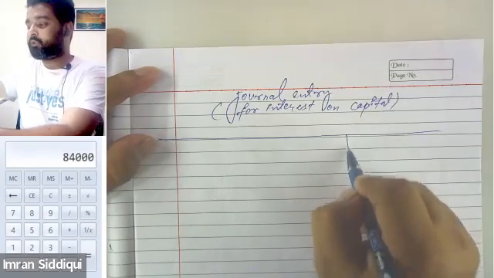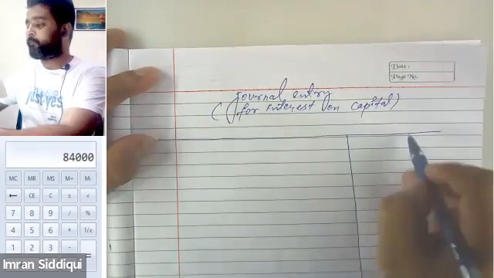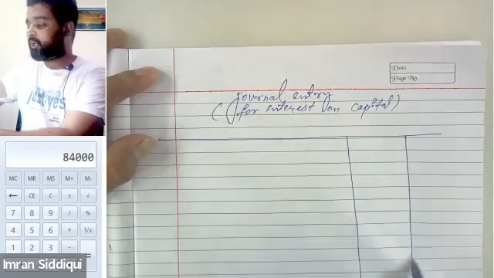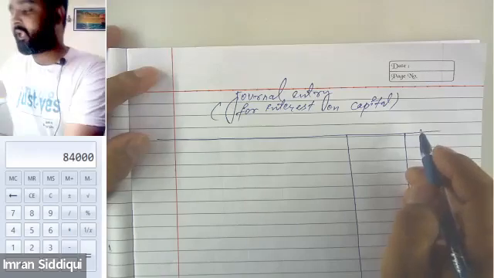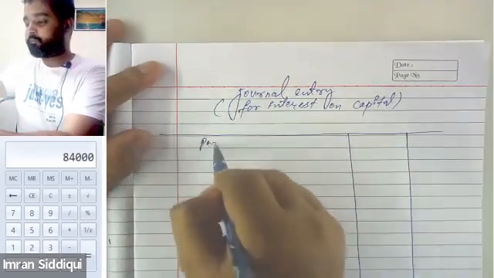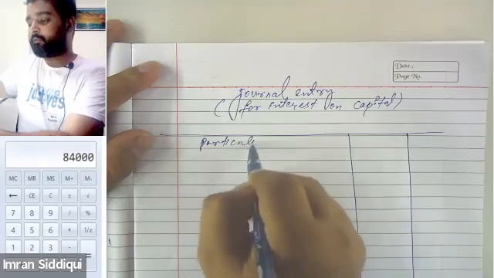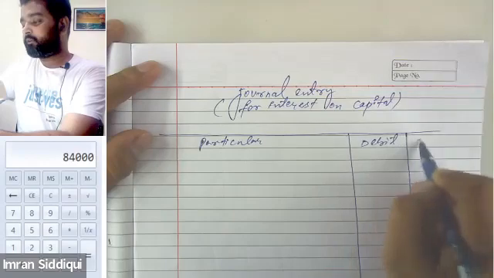See, the first general entry is made when the interest is due. And the second general entry will be done when the interest is transferred to the P&L appropriation account. So let me show you how it will be done. Particulars, debit, and credit.